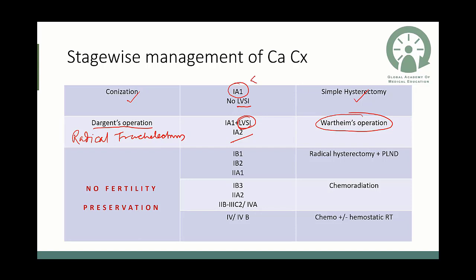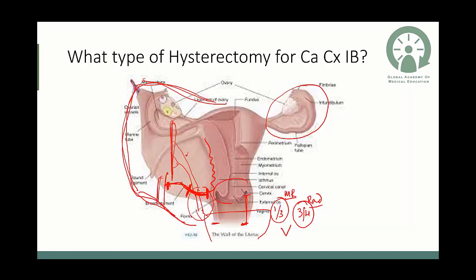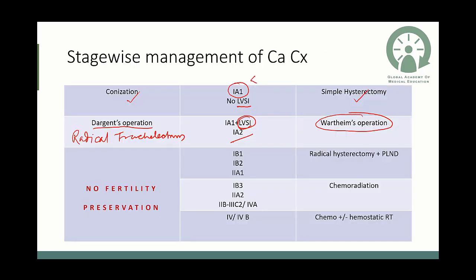where the cervix is amputated along with the parametrial region of the cervix, ligating the uterine artery somewhere here, but the rest of the uterus and bilateral tubes and ovaries are preserved. This also requires dissection of the ureters and mobilization.